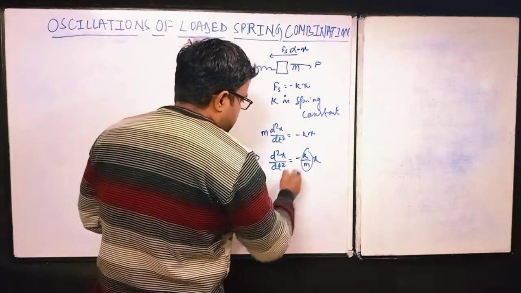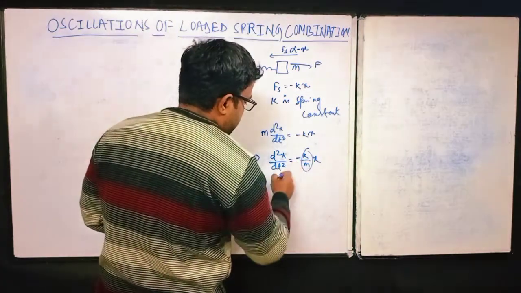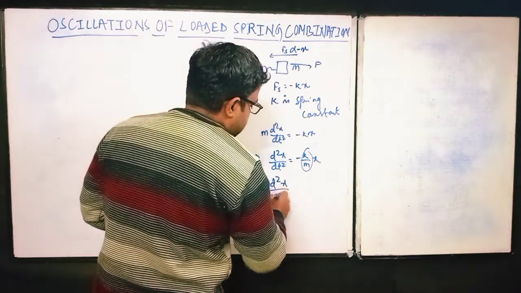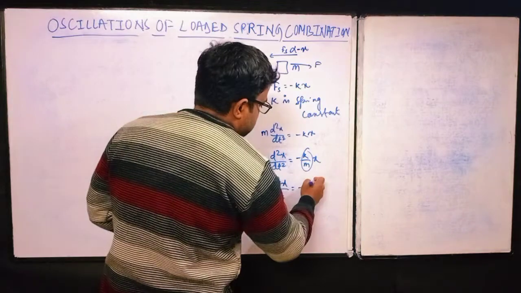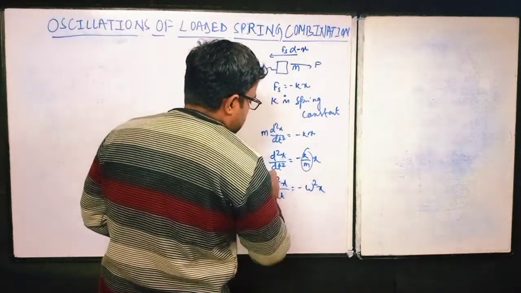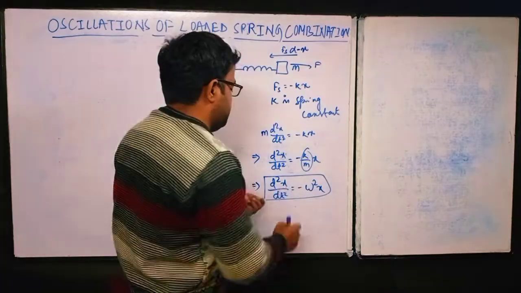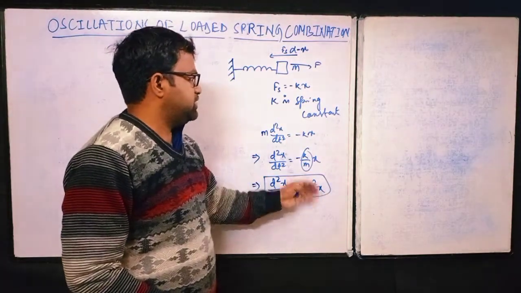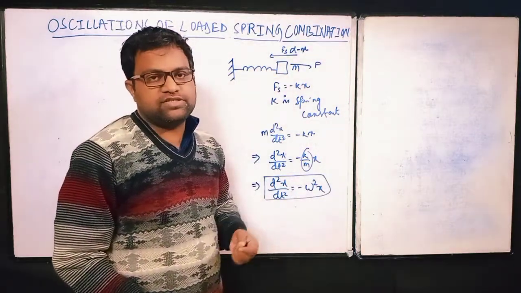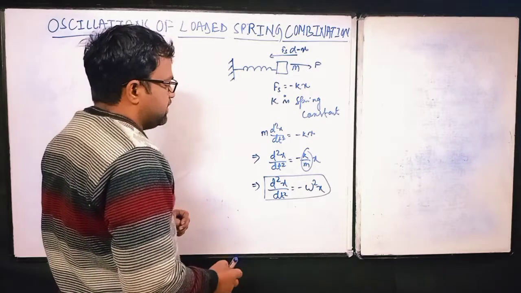So we write d square x by dt square is equal to minus omega square x. If your acceleration is proportional to the negative of the displacement, then we can say this oscillation is in simple harmonic motion. So now this is the simple spring case.